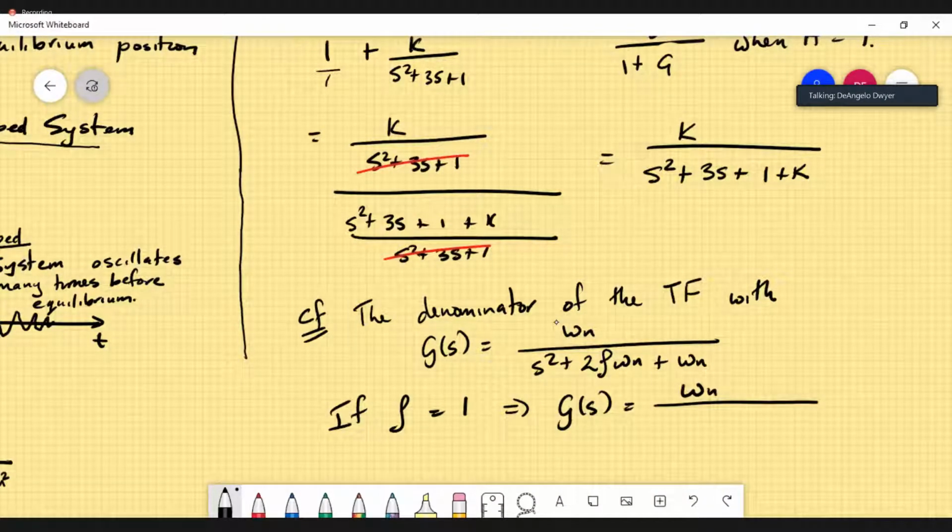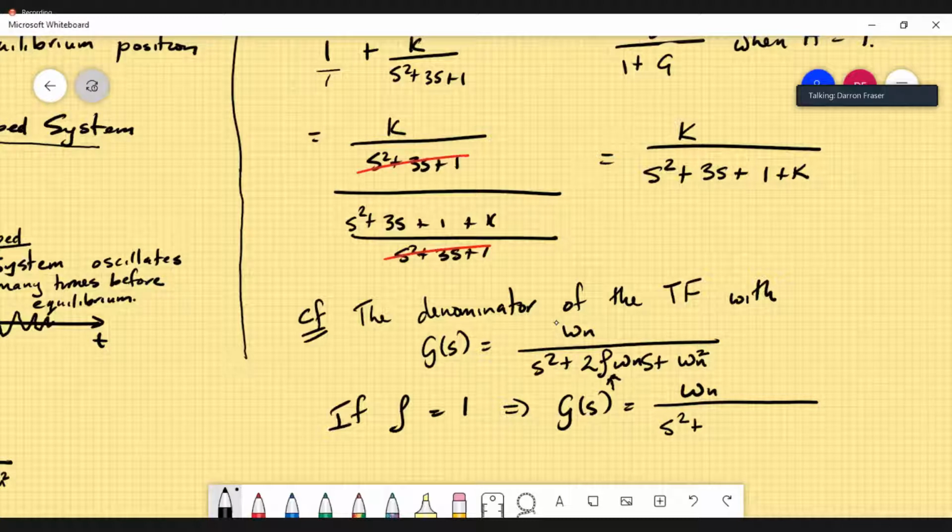So let's put the s out of the denominator. So when this is equal to 1, then this is going to be omega n.